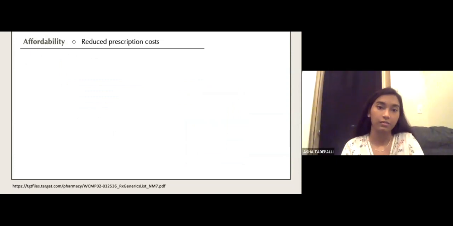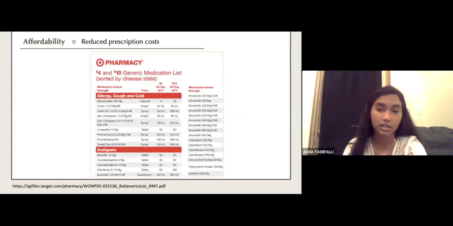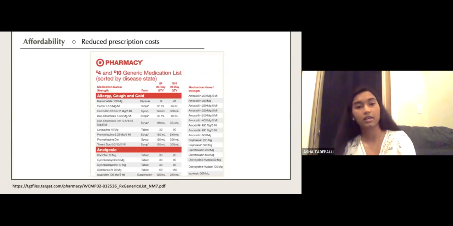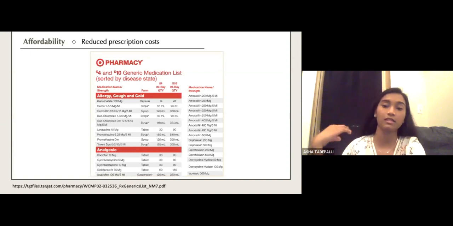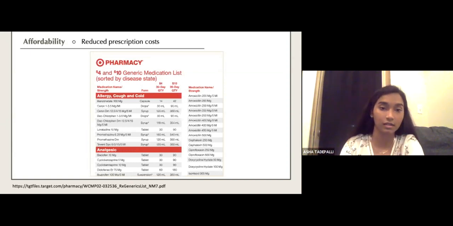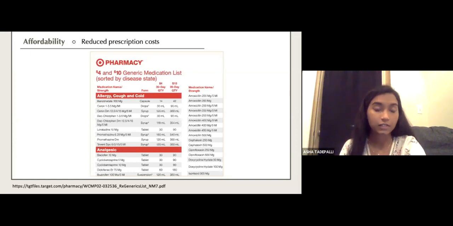Practically, when we're looking at reducing prescription costs, there are ways to work with pharmacies. So some pharmacies make generic medication available at reduced costs, including, as listed here, common systemic medications as well as some ophthalmic. These are available for patients for usually a yearly fee. When I was looking, usually for individuals, it's about $20, and for a family, it can be as low as $35 per year.